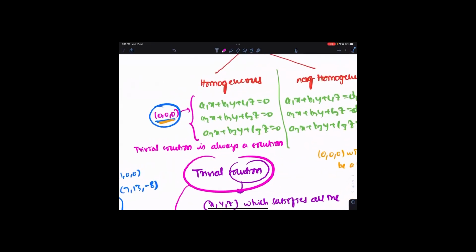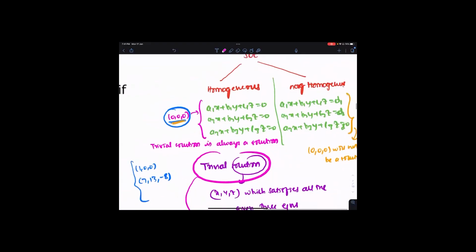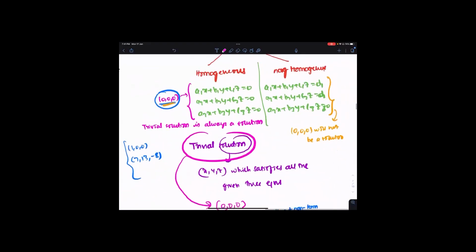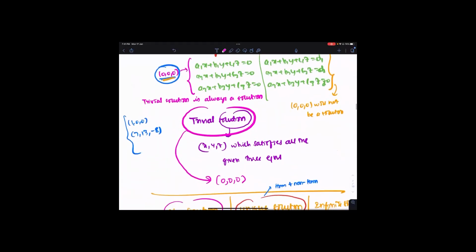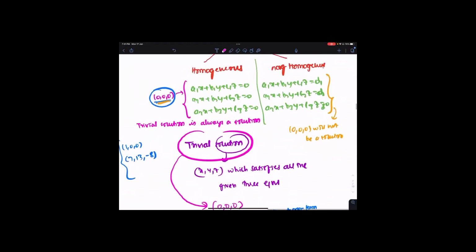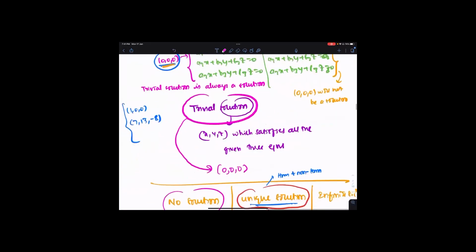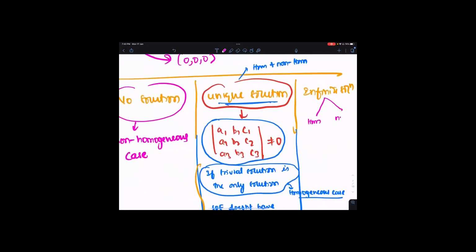Right? There is a solution. So no solution will not come. Okay. Next, that possibility will come only in non-homogeneous case. Okay. Infinite solutions, yes, it will come in both homogeneous case and in non-homogeneous case.